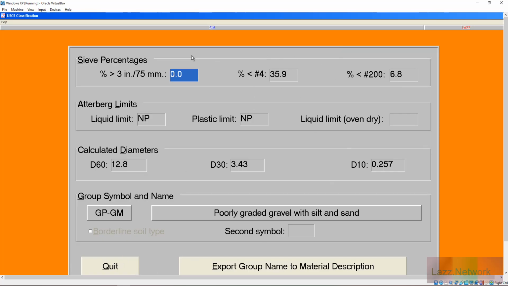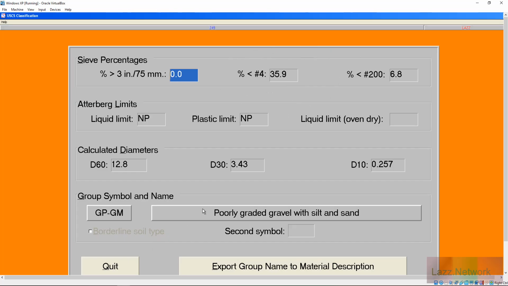It's predominantly, even though we have... Oh yeah, never mind. That's what's less than a number 4. Okay, yeah. So that's your percent passing. So 35.9, right? Yeah, 35.9. That's your percent passing.